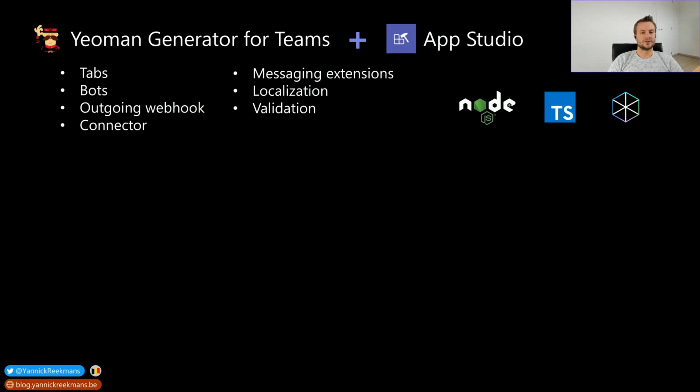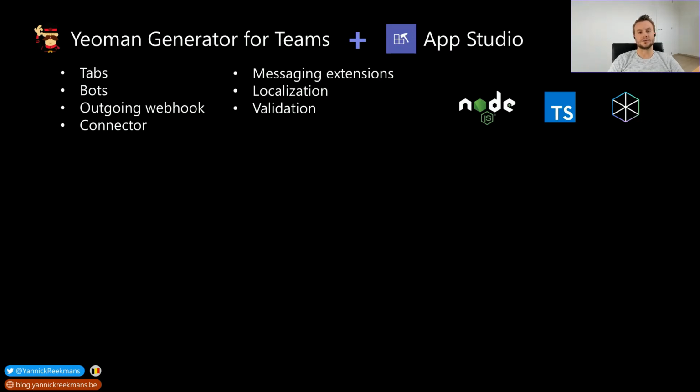And with the Yeoman generator, you can create tabs, bots, outgoing webhooks, connectors, messaging extensions, and you can also scaffold localization support and do validation of your Teams app package. Well, the validation itself isn't really happening in the Yeoman generator. The Yeoman generator is just a tool to scaffold your application.